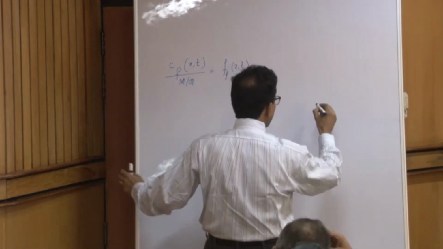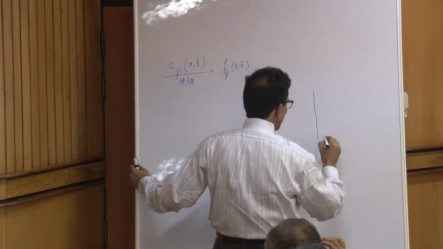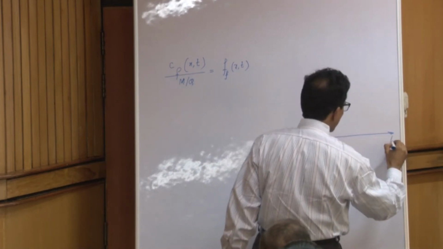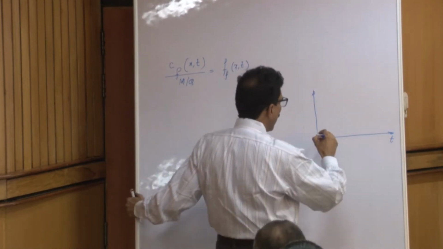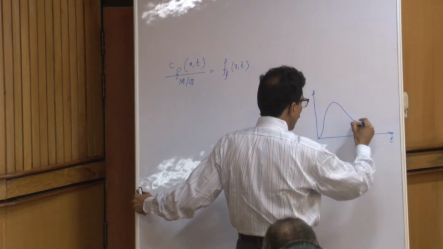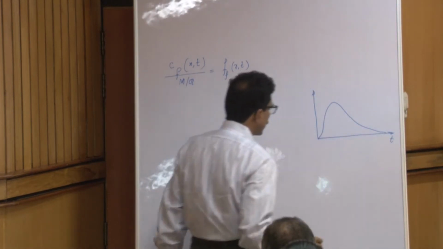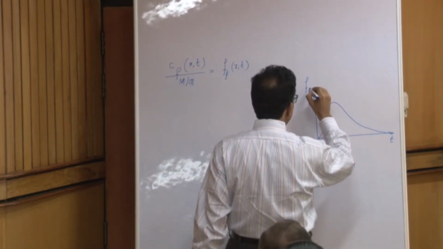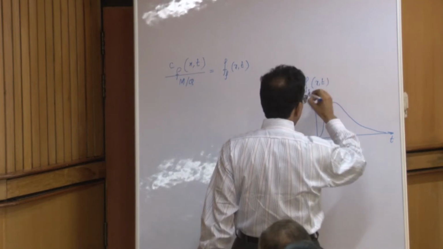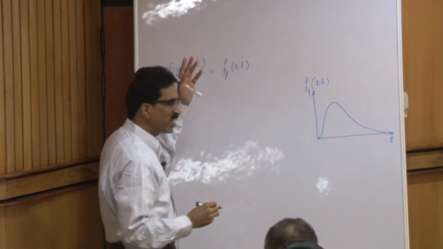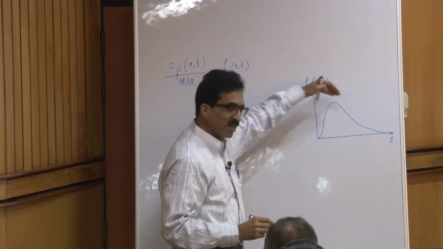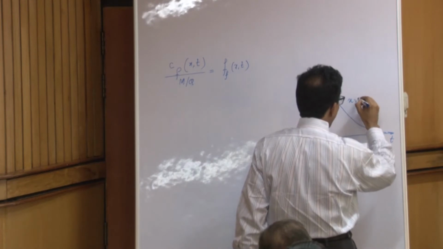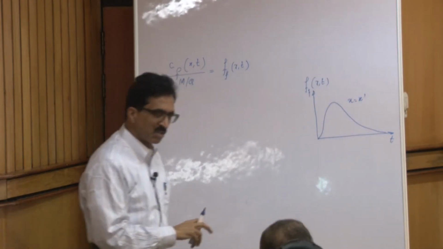So let's say this is time, and this is what we get as f sub f of x comma t. So at a given location x, I'm going to get this kind of a curve. Let's do that at x equals some quantity x prime.